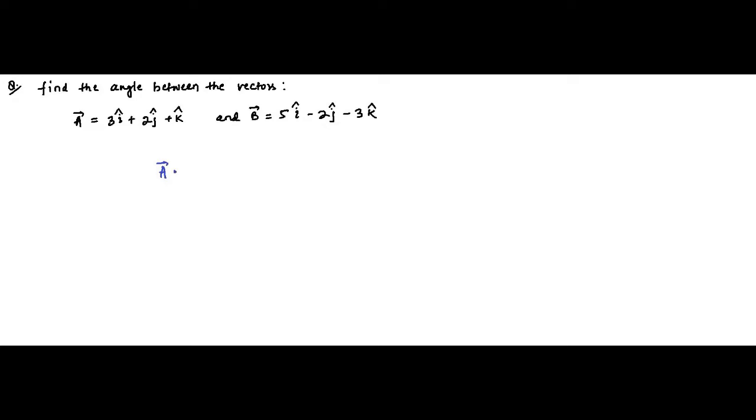The dot product between two vectors is expressed as this: dot product of A vector and B vector is A vector modulus, B vector modulus cos theta, where theta is the angle between the two vectors where their tails meet.